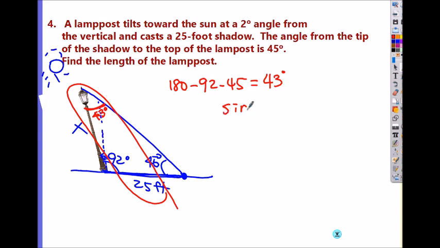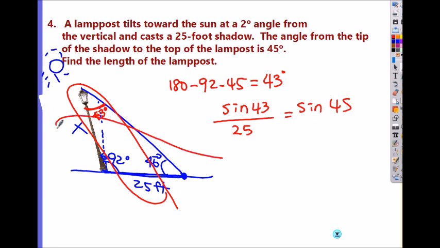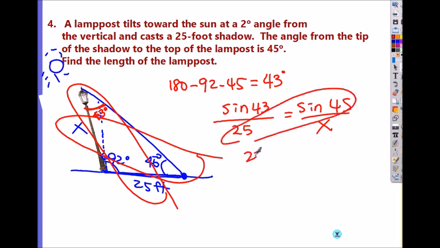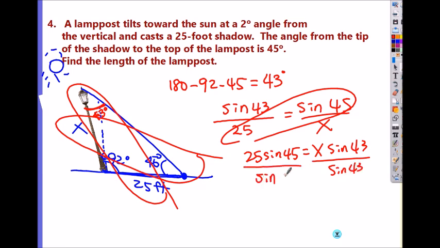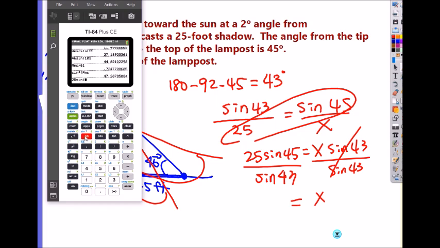So sine of 43 over 25 equals sine of 45, because we're looking for x, over x. So when you cross multiply, you get 25 sine of 45 equals x times sine of 43, divided by sine of 43. So x equals 25 sine of 45, press enter, divide by sine of 43.